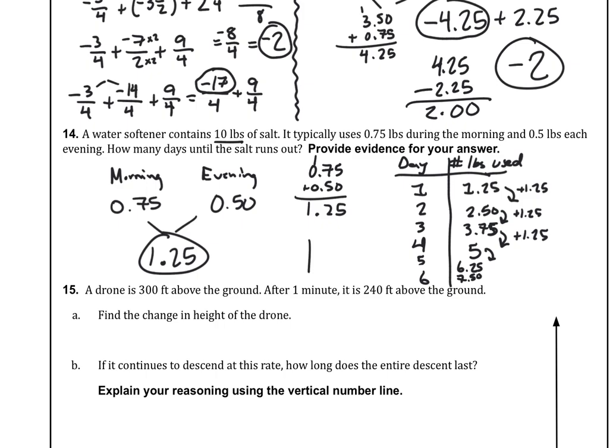On day 7, add 1.25 and I'm at 8.75. And finally on day 8, if I add another 1.25, I get to 10. Okay, what does this mean? How many days until the salt runs out? Well, on day number 8, I use all 10 pounds. So we would say this is 8 days.